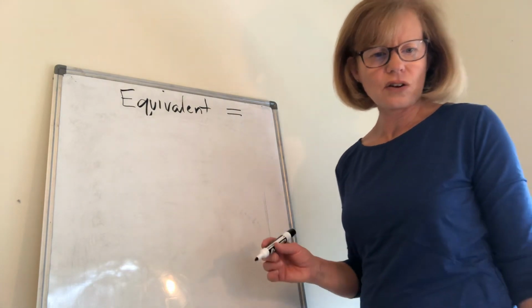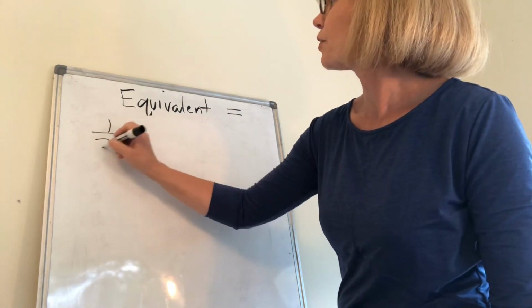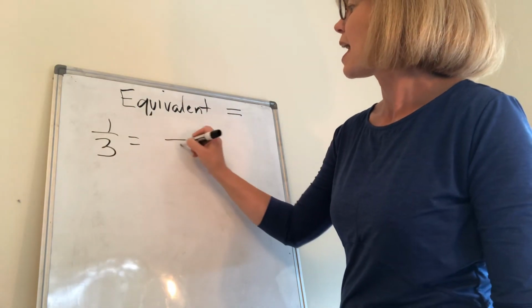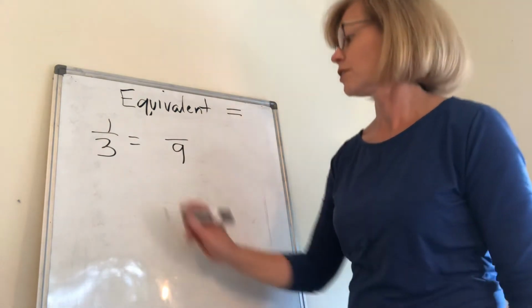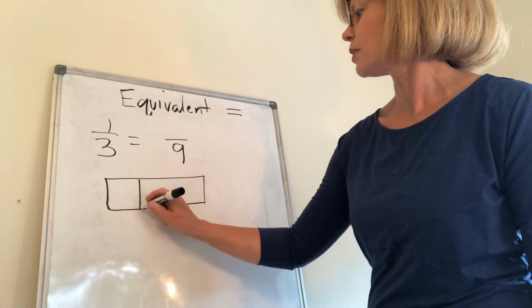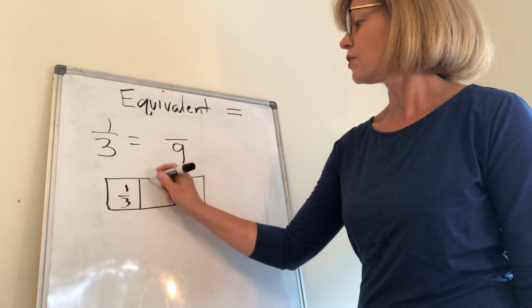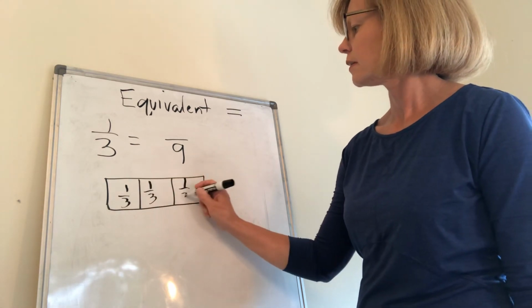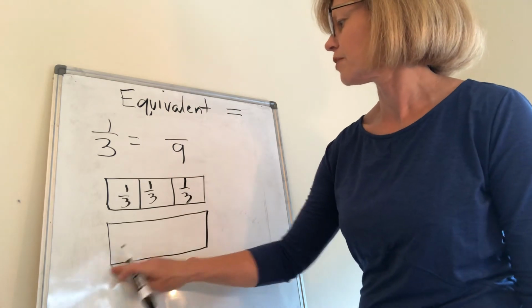All right, so let's say I have 1/3 and I want to know how many ninths is equivalent to 1/3. So I'm going to create my shape again, and I'm going to divide it as carefully as I can into thirds. And then I'm going to draw a similar sized shape underneath.